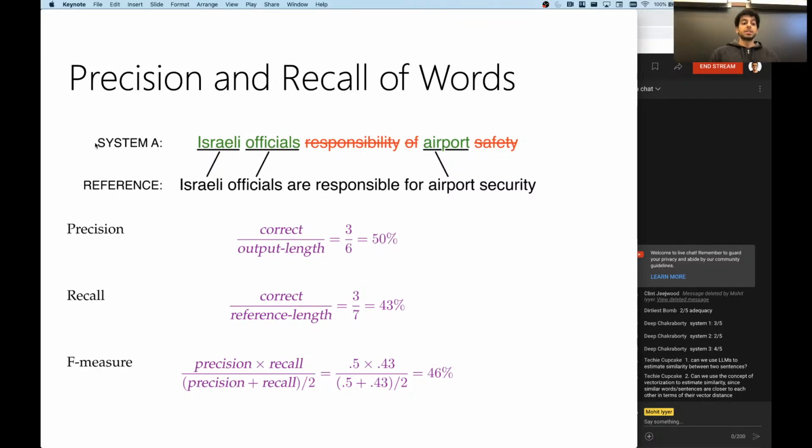Sorry, just to clarify, the candidate translation is produced by a system, like say some encoder decoder model? Yeah, so maybe I'll be clear on the setup here. Remember that in all of these kinds of problems, we have a training set and a test set. In the test set, we have some source sentences paired with the target translations, but we have never trained our model on these sentences.